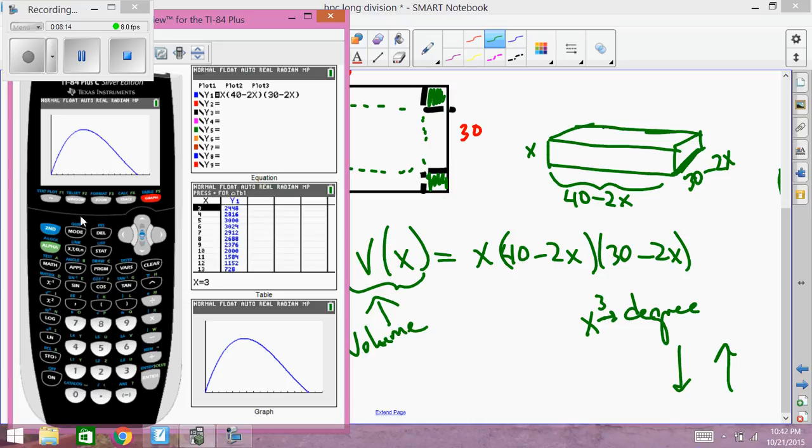So you guys, I think you know how to do this. We go second calc, and then we want to find a maximum. We enter. And then we have the spider grab the left-hand side. This is more arduous than I'd like it to be. And then we have the spider grab the right-hand side.